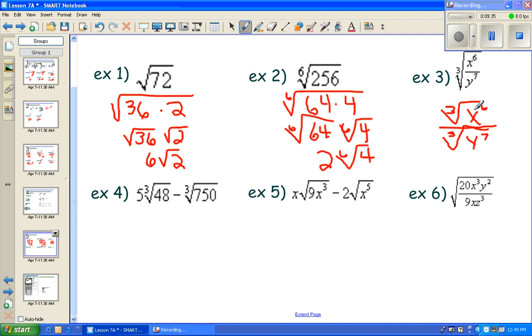So 6 over 3 is 2, so that just simplifies to x squared. You don't even need a radical anymore. We can pull out 2 y's, but that's going to leave us with 1 more. So you're going to have times the cubic root of y to the 1st. Alright, cubic root that can go into 48.